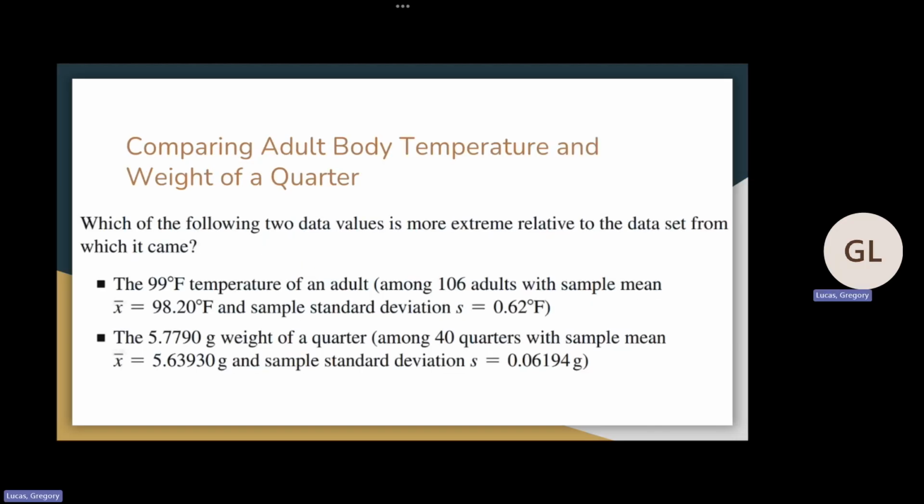So let's look at an example. Which of the following 2 data values is more extreme relative to the data set which it came from?